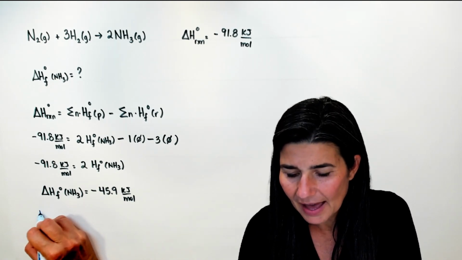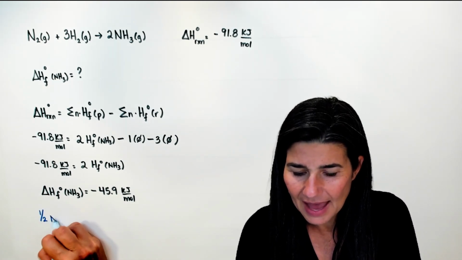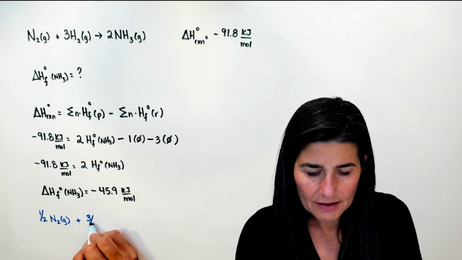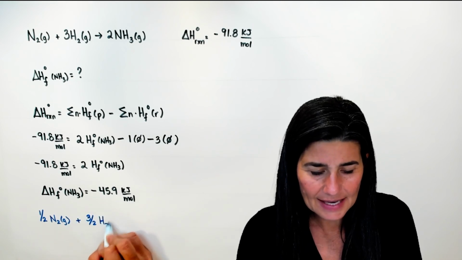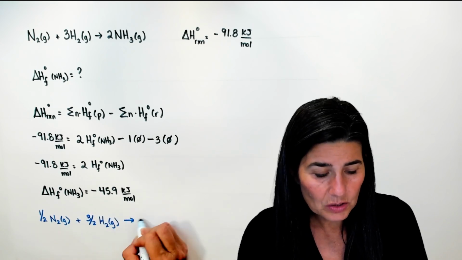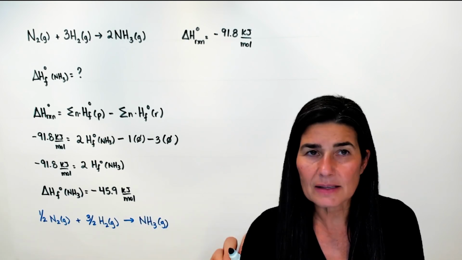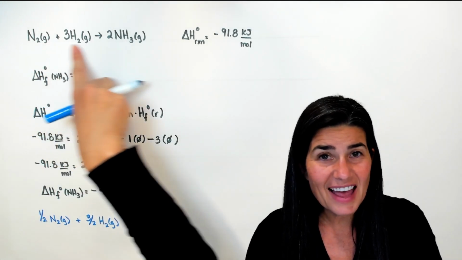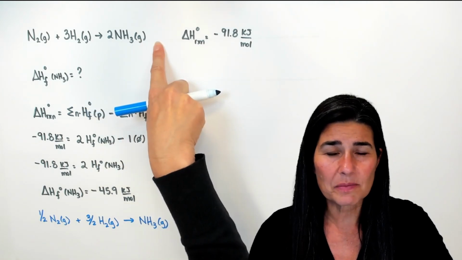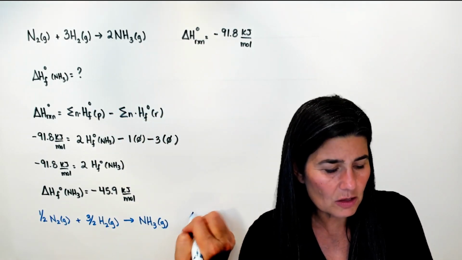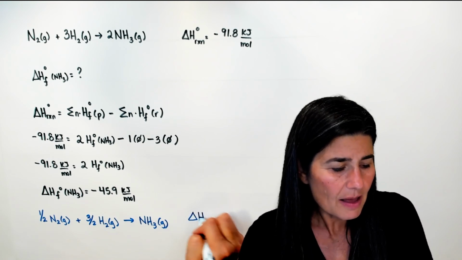I would have 1/2 N2 gas plus 3/2 H2 gas goes to 1 single NH3 gas. If I multiply everything in this reaction by a half, I just multiply the heat of reaction, or the enthalpy change of this reaction, by a half.